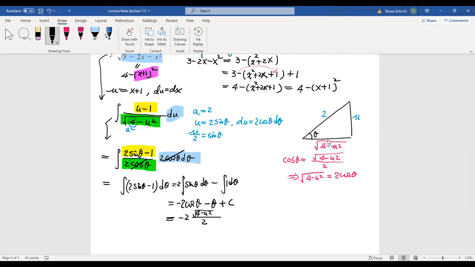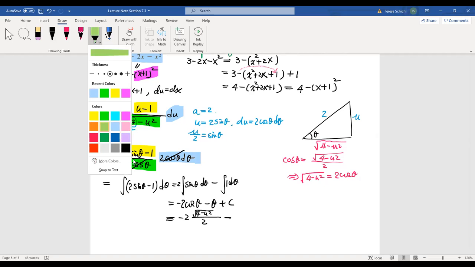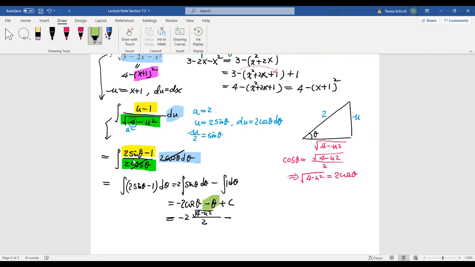Now minus theta, and theta is the inverse sine of u over 2.